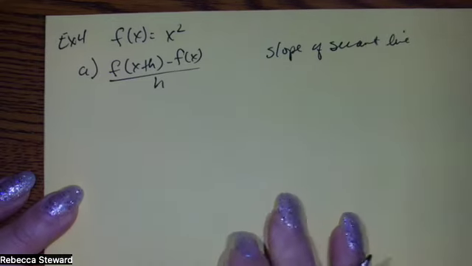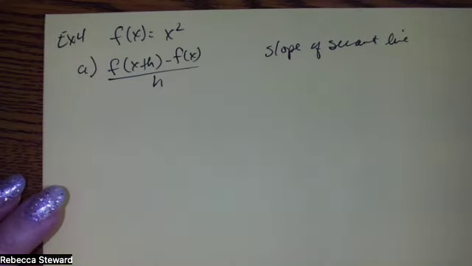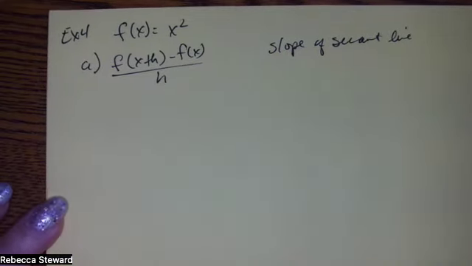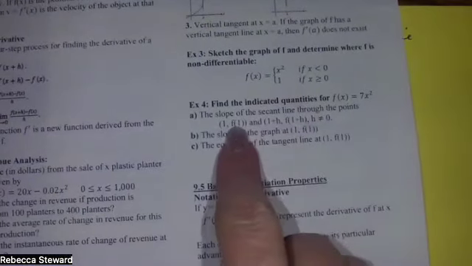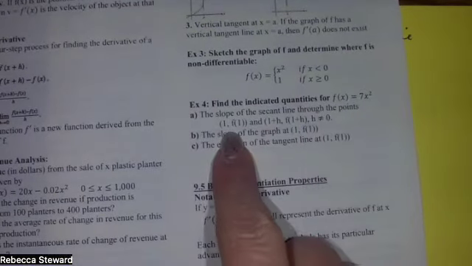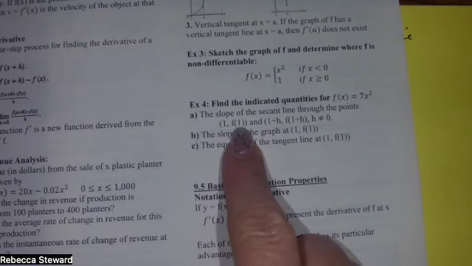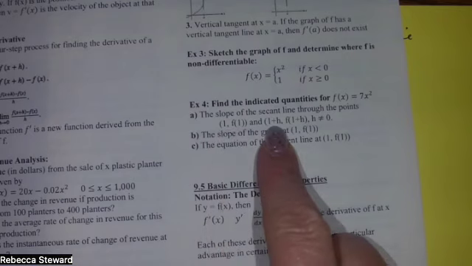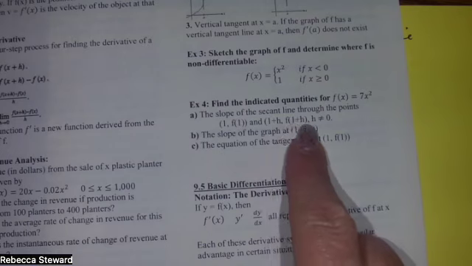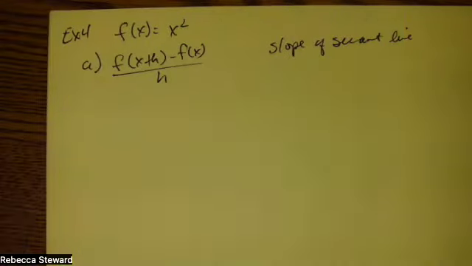All righty. Now, it gave us specifically what to plug in. It said the slope of the secant line through the points (1, f(1)) and (1+h, f(1+h)). And of course, h can't be 0 because then we're dividing by 0.